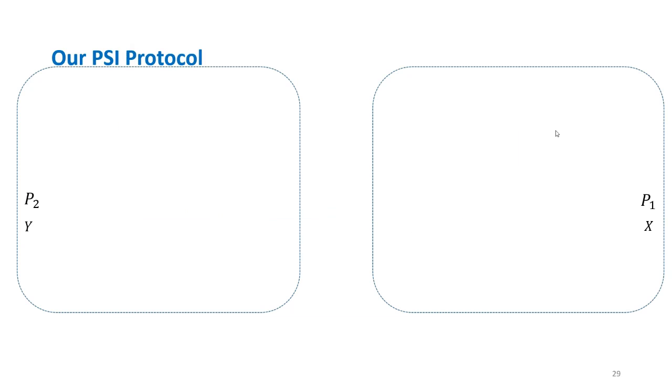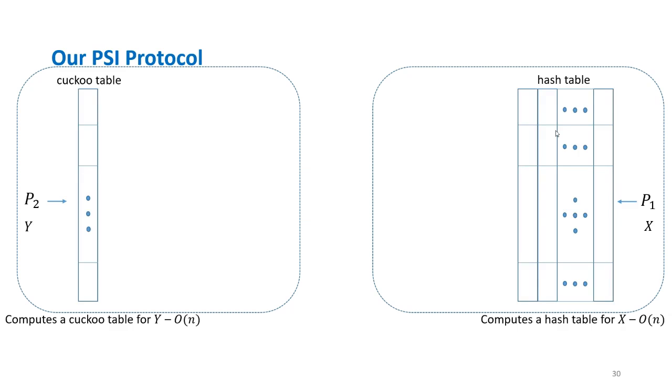Using these primitives, we construct our PSI protocol as follows. First, P2 and P1 compute a Cuckoo table and a hash table respectively. Note that the number of bins is O(n), where n is the number of items in the sets of P1 and P2.